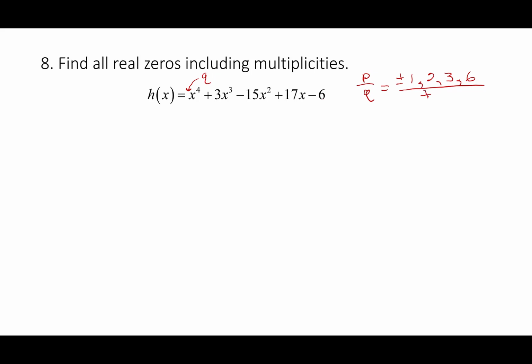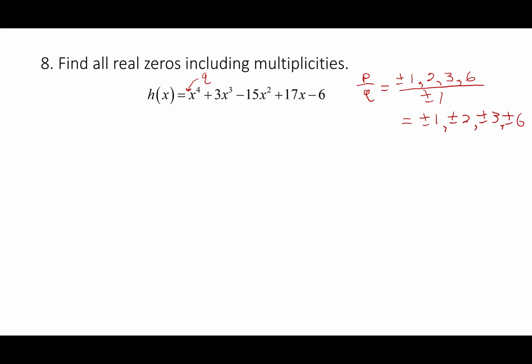So plus or minus 1 are our possible values. So if we combine all these together, we're going to end up with plus or minus 1, plus or minus 2, plus or minus 3, plus or minus 6.